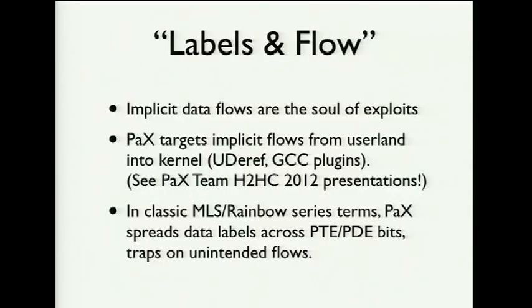What they have there, and they're starting to use the new features such as SMEP, supervisor mode execution prevention, and SMAP, supervisor mode access prevention, to prevent the kernel getting the data that it's not supposed to be getting. It's the implicit flows that drive your typical exploitation.